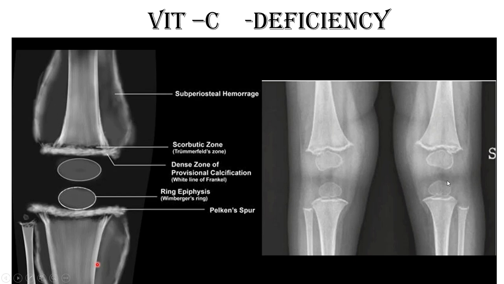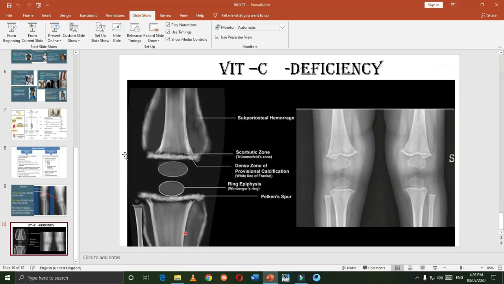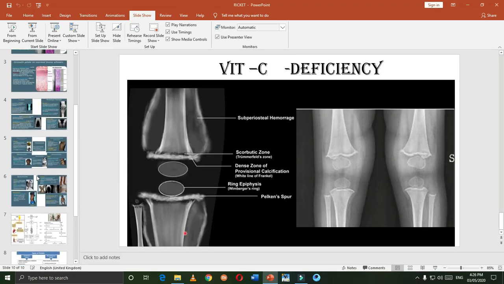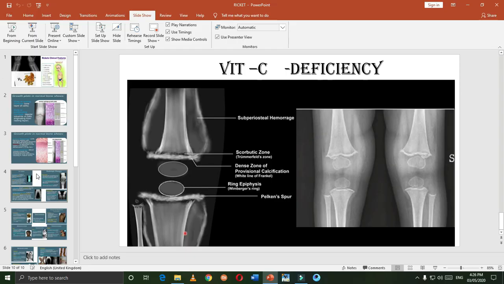Then the epiphyseal line, and then the Pelkan spur. So I think I have covered the metaphyseal and epiphyseal changes along with all types of deformity found in metabolic disease in the pediatric age group.